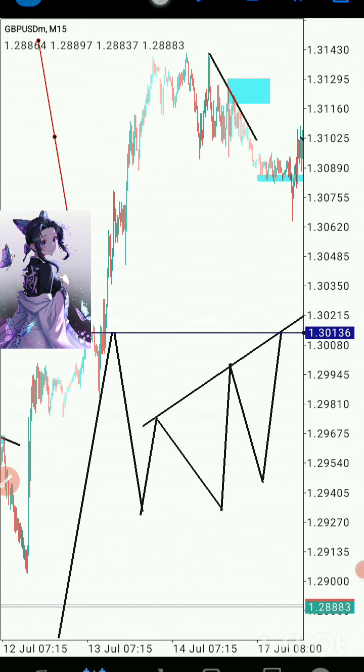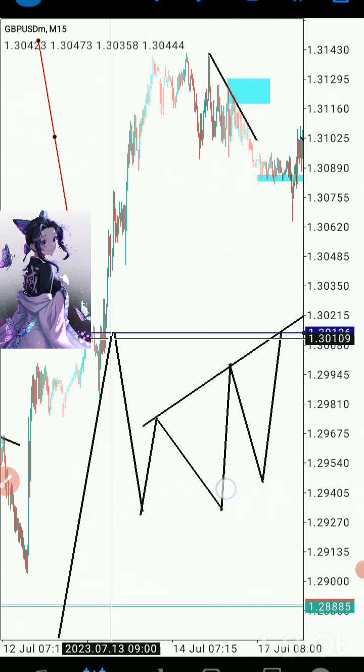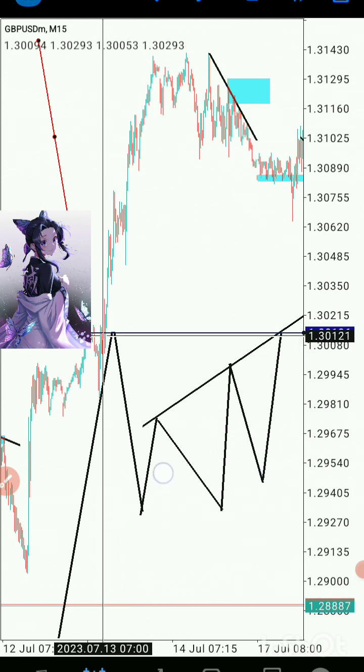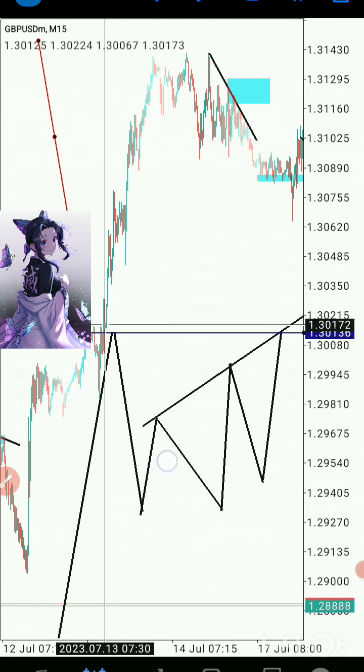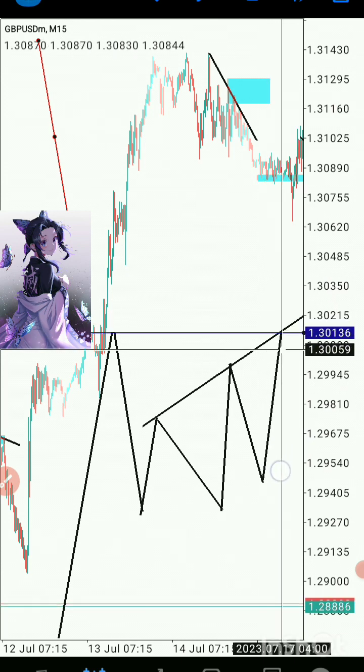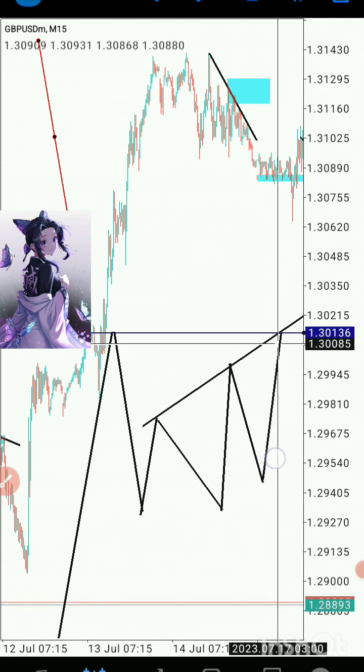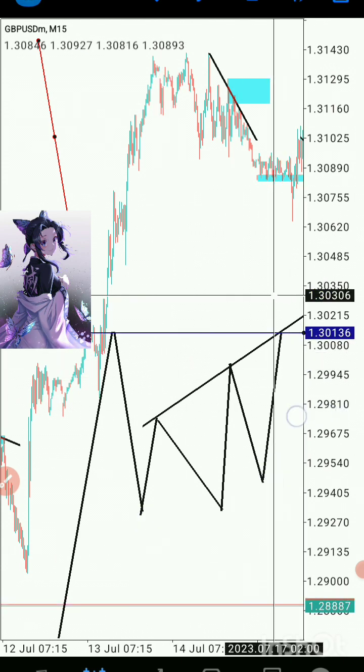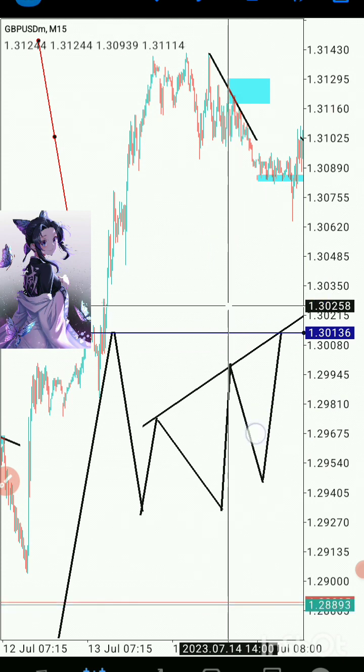You need to make sure that this area is also the same area as a support or resistance. You can see on this trend line, price is inside of a resistance area and is also on a diagonal resistance, which is a trend line. So this is two confirmations for you to place a sell.